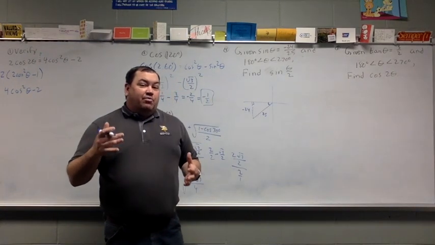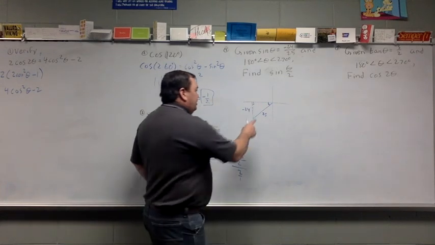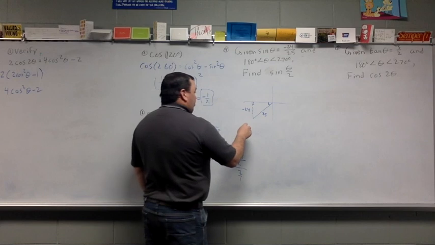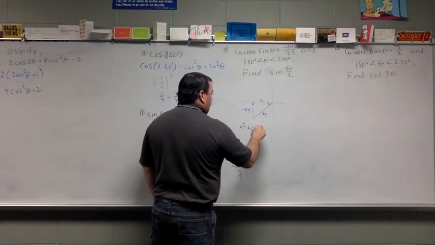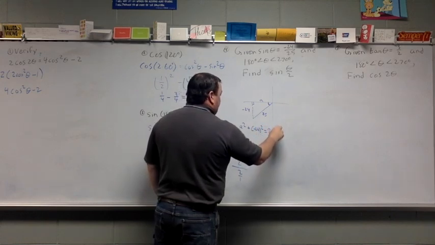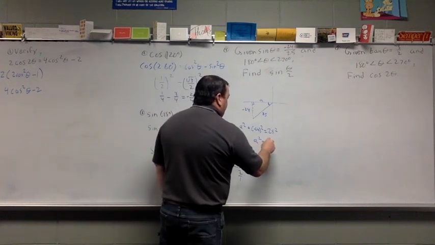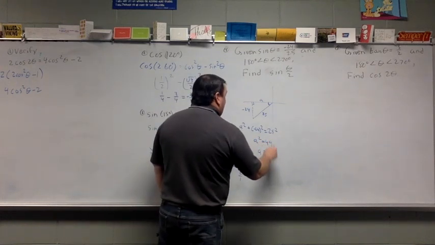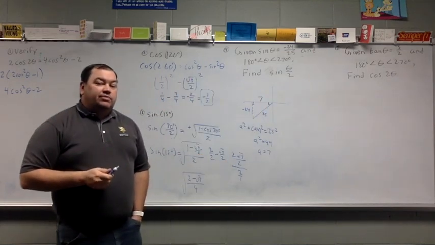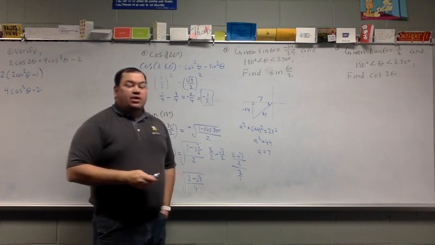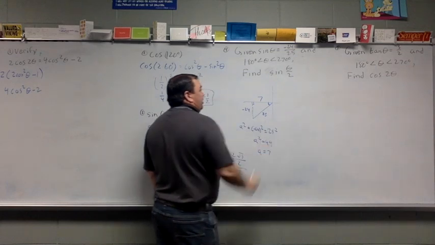So I can find that missing side by using the Pythagorean theorem because this is a right triangle. So a squared, what we're trying to find, plus b squared equals c squared. And if I solve this out, I end up getting a squared is 49. Square root of 49 is 7. So I now know that this missing side over here is 7. It actually is a Pythagorean triple. I now have everything I need in order to do this particular calculation.